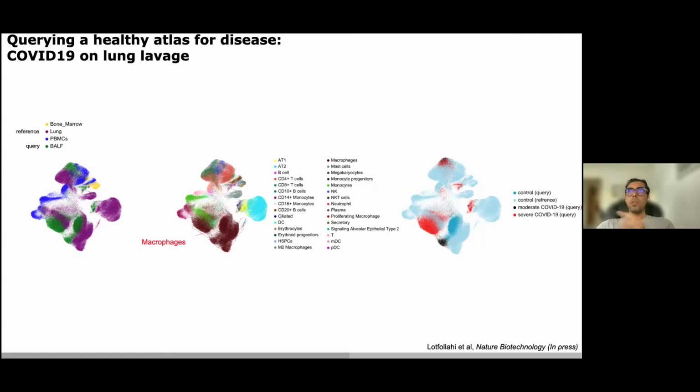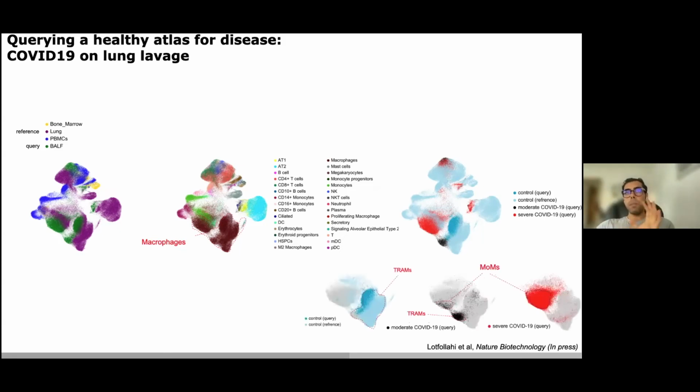The biggest difference between the query and the reference was in macrophages, as you can see from the different clusters of severe, moderate, and controls. The model correctly integrated tissue resident alveolar macrophages, the resident macrophages that exist in the lung of healthy patients.